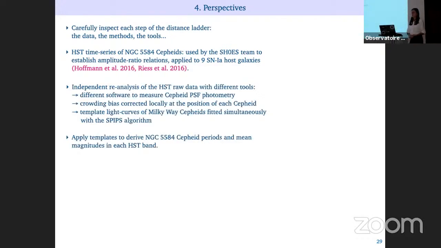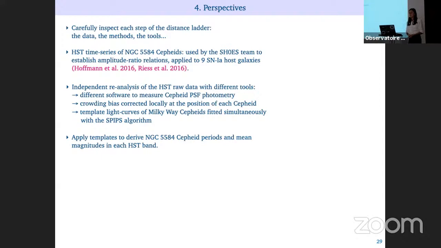We wanted to independently reanalyze the data from the raw HST data, using different software for measuring the photometry, correcting the crowding bias locally at the position of each Cepheid, and creating template light curves on Milky Way Cepheids that are fitted simultaneously with the SPIPS algorithm.